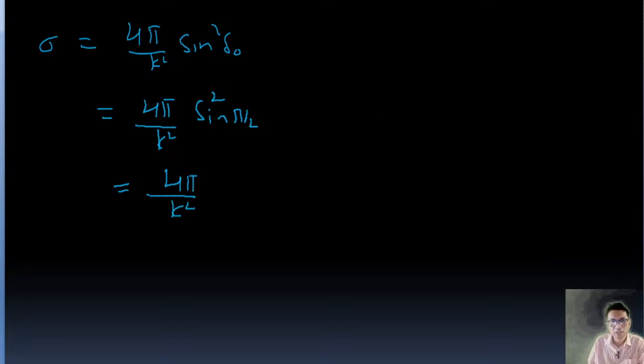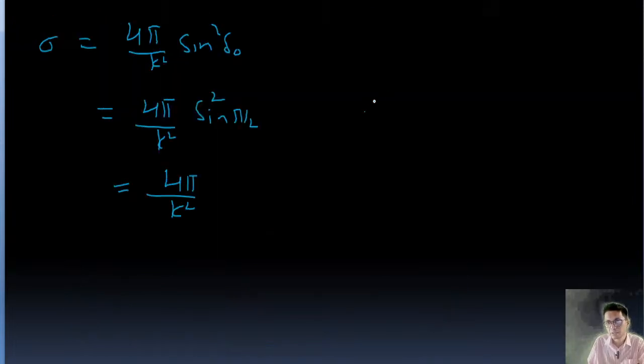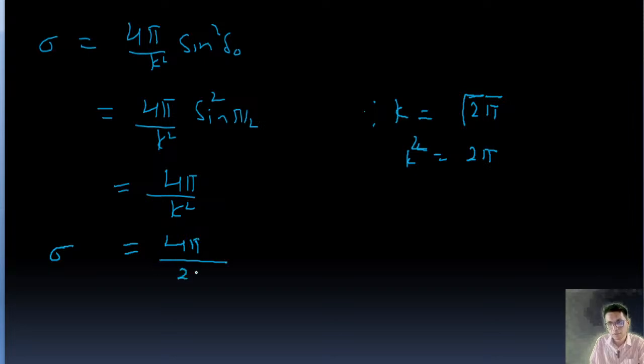The magnitude of the incident wave vector k is also given, that is root 2 pi, so k square is going to be 2 pi. So here we put the value: sigma is going to be 4 pi upon 2 pi, that is 2. Pi will get cancelled, and so the sigma value is 2, guys.